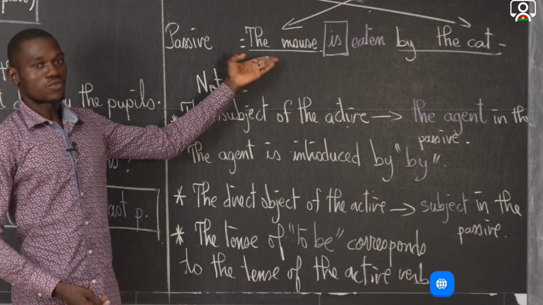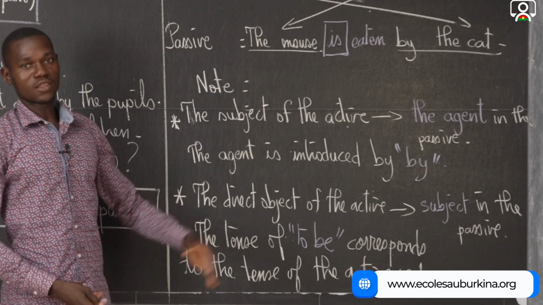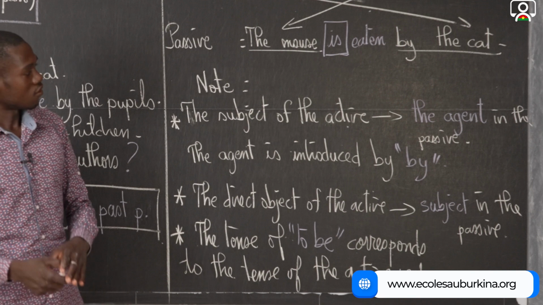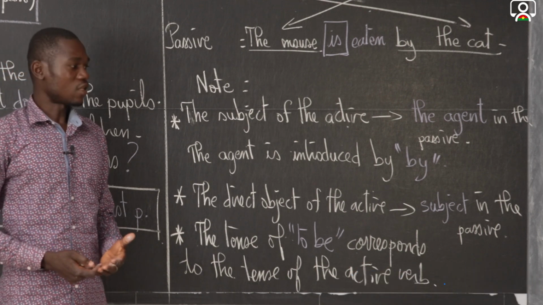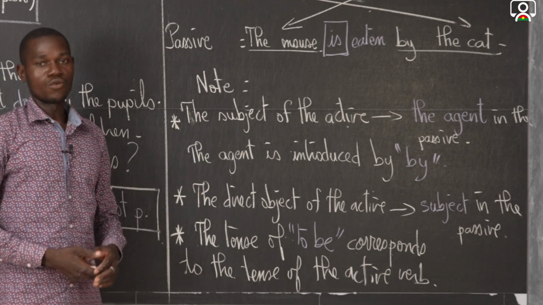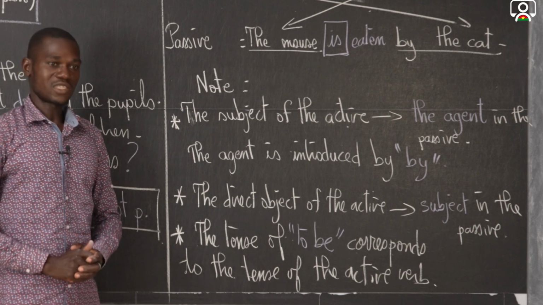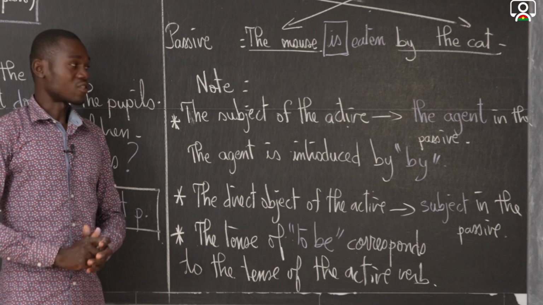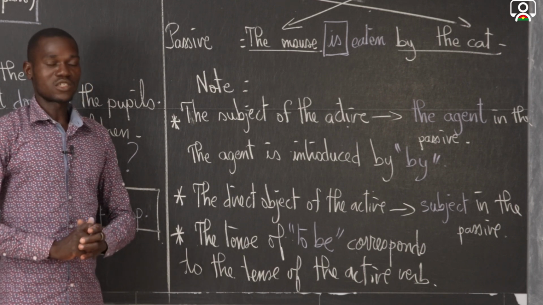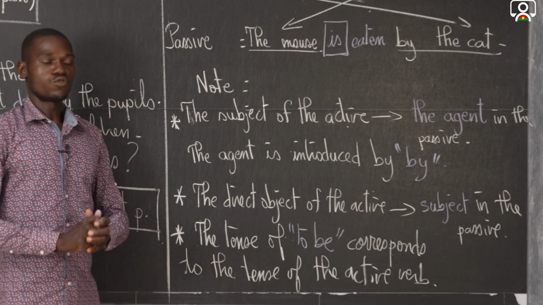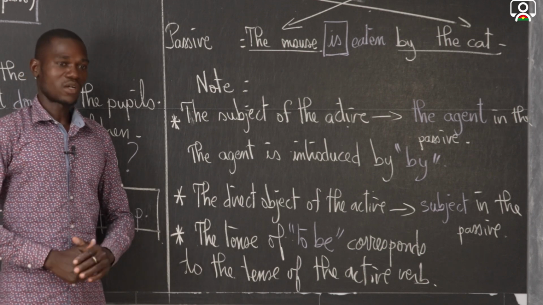Ici, la souris étant le sujet subit l'action d'être mangée. Donc, comme on le dit en français, il en est de même pour l'anglais. Le sujet subit l'action à la voix passive. Dans notre exemple ici, la souris est mangée par le chat. La souris subit l'action d'être mangée par le chat.